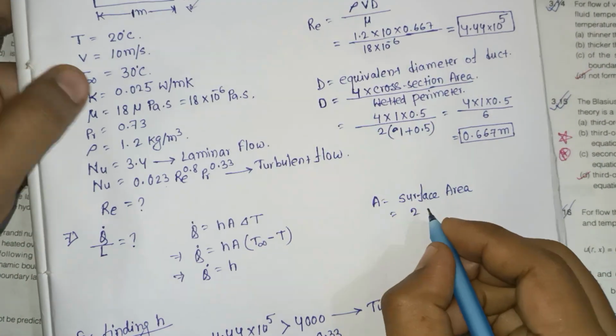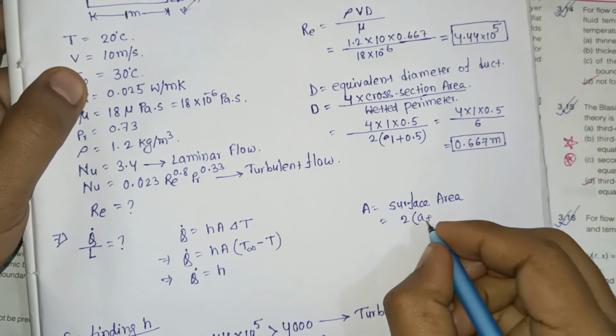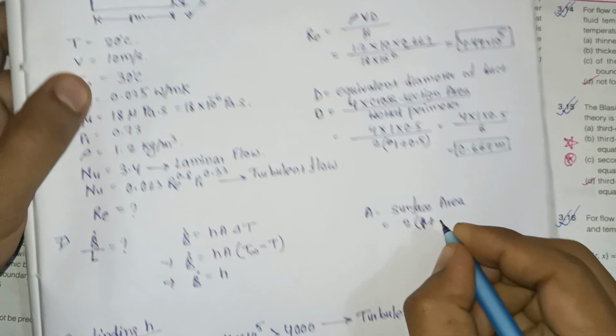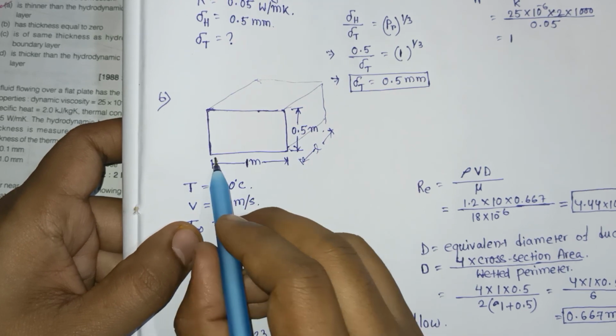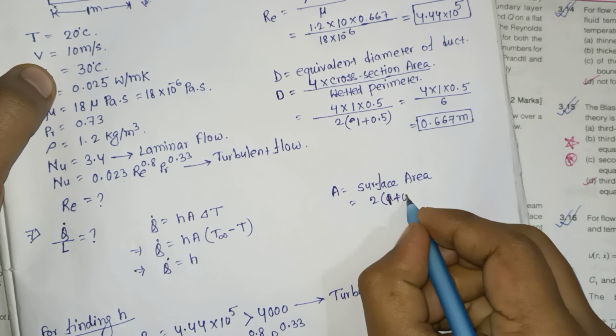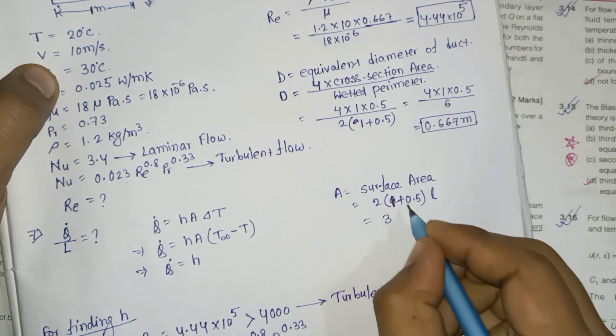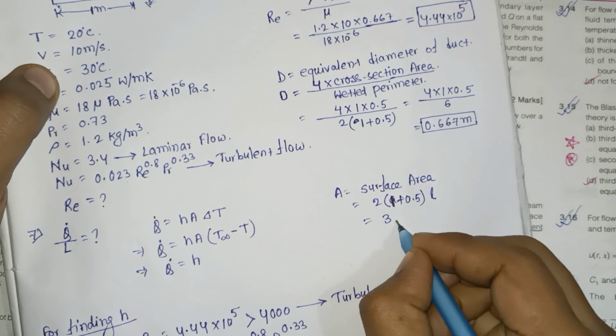So the surface area is perimeter into length, that is 2 into (1 plus 0.5) into L, which is 3L.